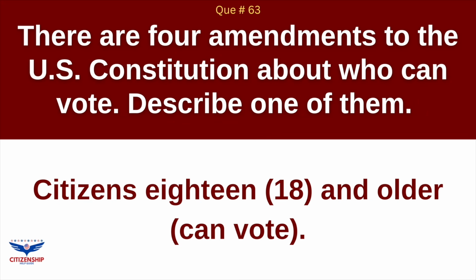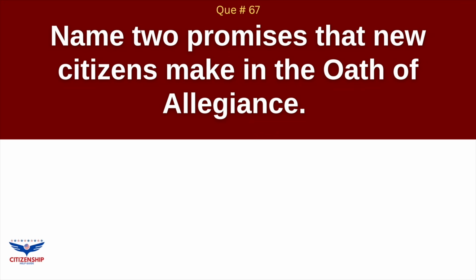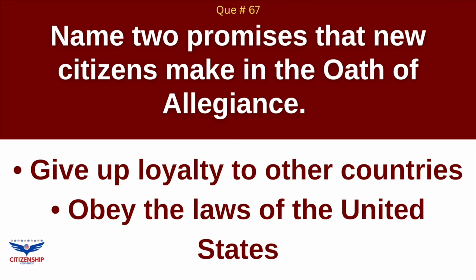Citizens 18 and older can vote. Name 2 promises that new citizens make in the oath of allegiance. Give up loyalty to other countries. Obey the laws of the United States.